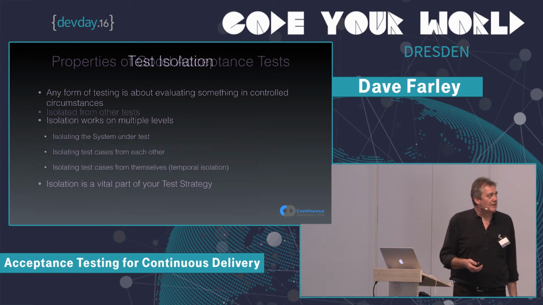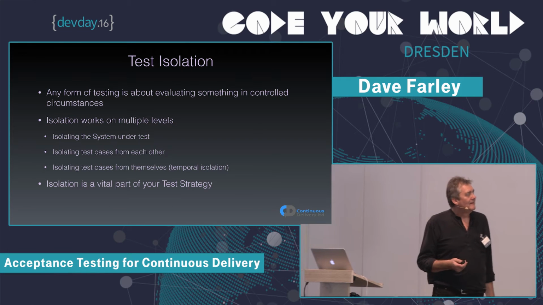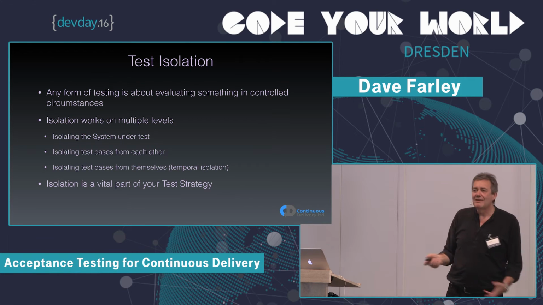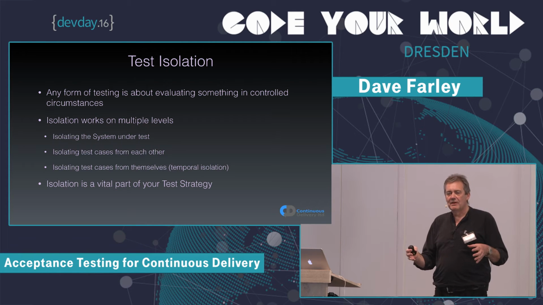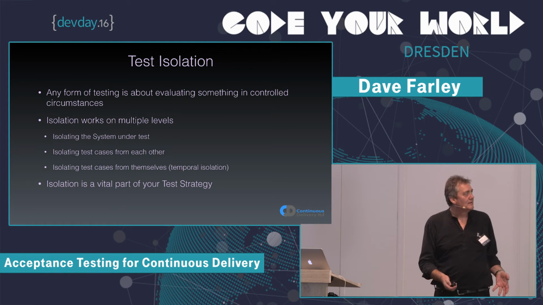So let's look at isolation. I would argue that any form of testing in any domain really is about evaluating something in controlled circumstances. And so we want to be able to establish and control the circumstances in which each of our tests operates.